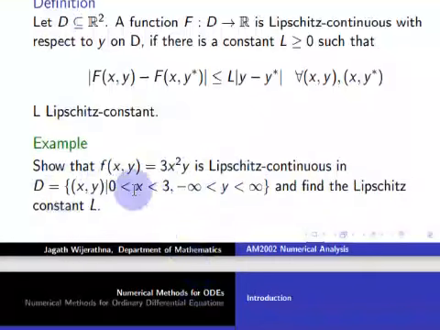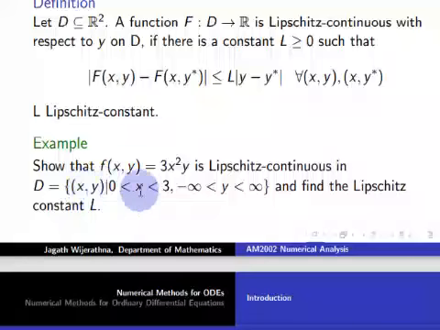So the domain is defined as: consider rectangular coordinates x, y. So x is bounded by 0 and 3, and y is not bounded, right? All right, so find the Lipschitz constant L.